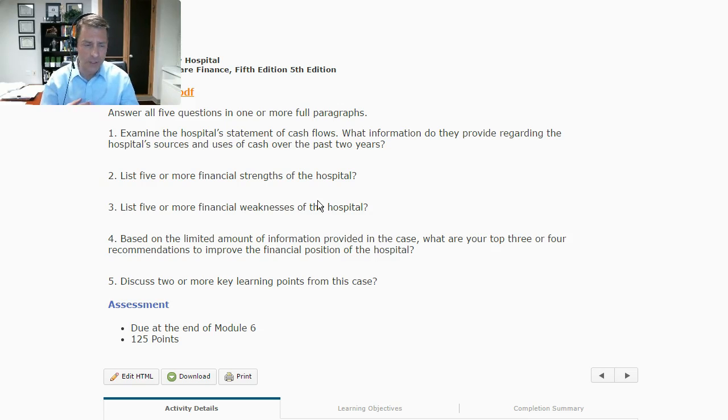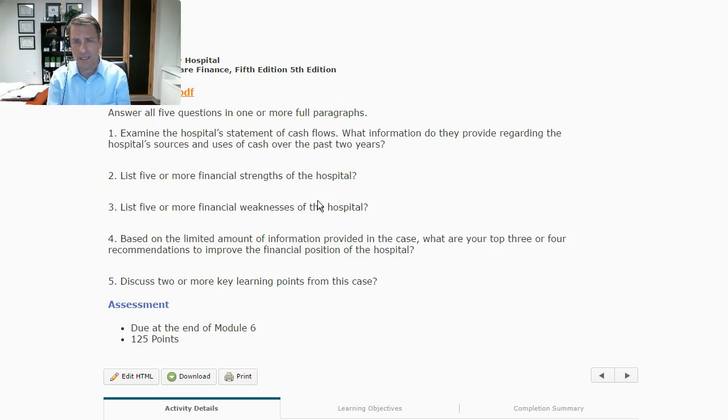If there's some information given in the case study that you just don't know how to apply, that's okay. Don't freak out about it. There is some information in the case study that's probably beyond the scope of what we've learned so far. So don't worry. But there's definitely some stuff already in there that you can apply.